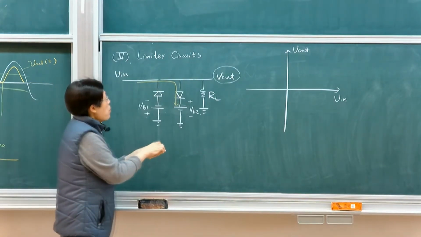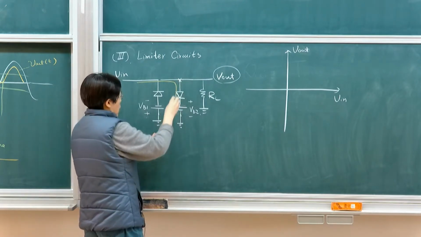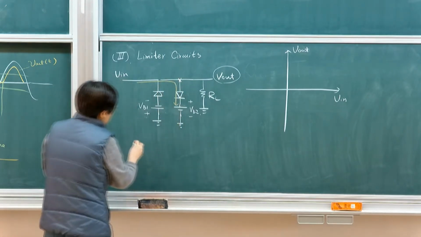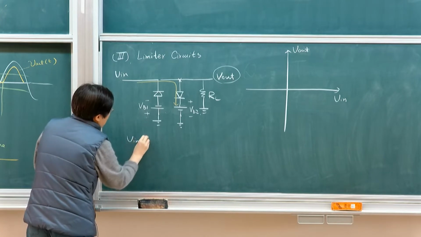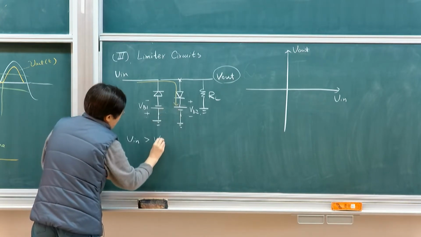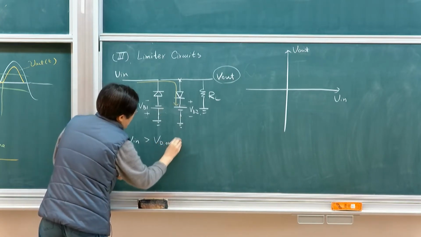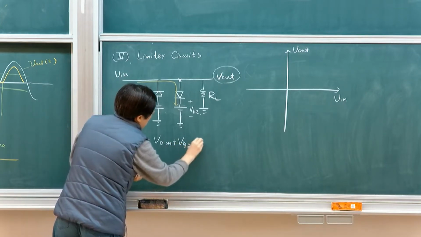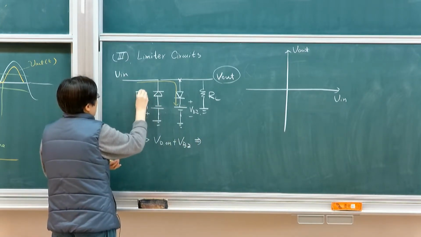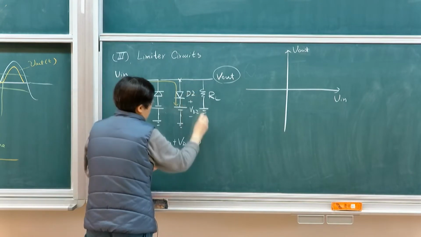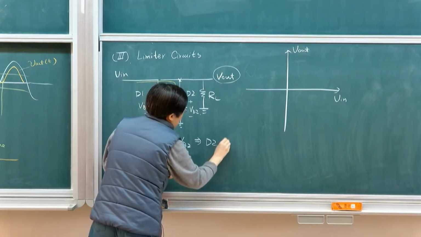This would then clamp your positive voltage. So if V in is higher than VD on plus VB1, let's say. Let me do it slowly. So your D2 is on.